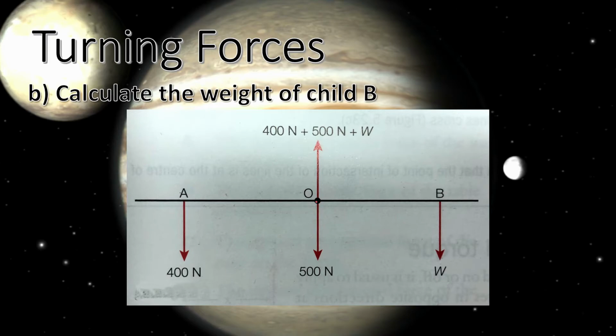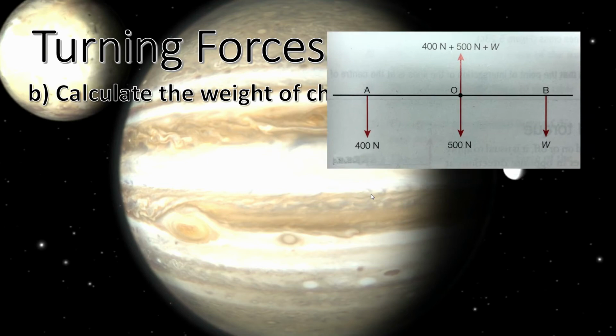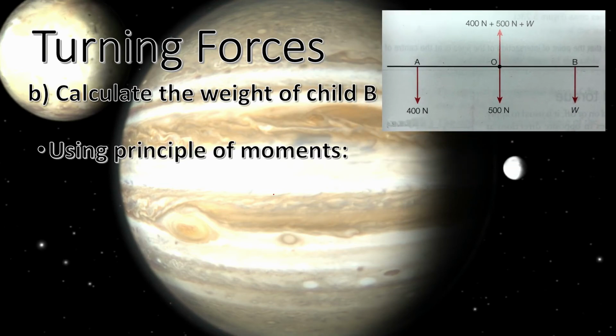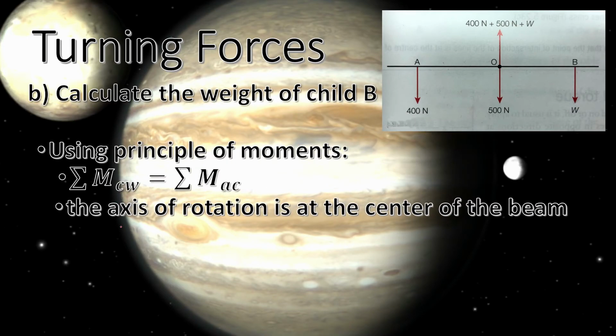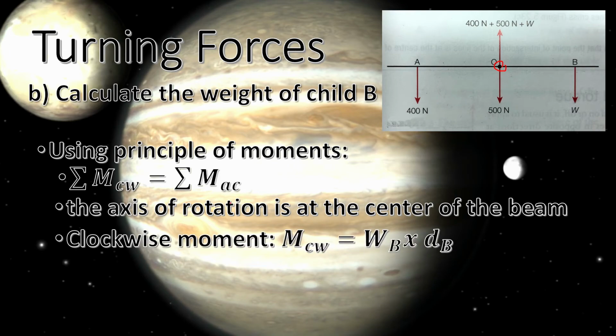Now calculate the weight of child B. Using the principle of moments, the formula that we have, the axis of rotation is at the center of the beam. So this is our axis of rotation. Then the clockwise moment equals the weight of P, which is this one, times the distance from this axis.